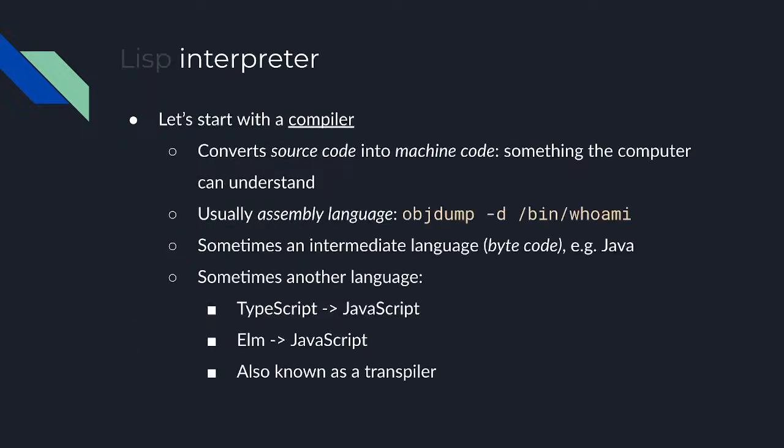Okay. So I'll start by explaining the two keywords in the title, Lisp and interpreter. I'll start by defining the word interpreter, but even before that, let's start with the word compiler, which if you do development, you may have seen from time to time. What a compiler does is convert source code into machine code, which is basically something the computer can understand. The machine code is usually what we call assembly language.